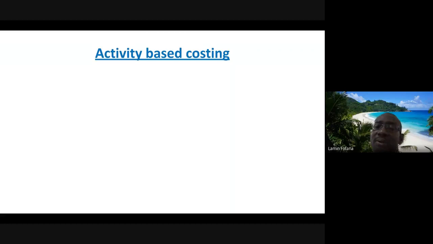In order to have a product, you need to undergo a series of activities. And those activities also have cost attached to them. They've got a cost tag on them. Therefore, in order to apportion overheads to various products or services, you need to look at the overhead cost of those various activities.